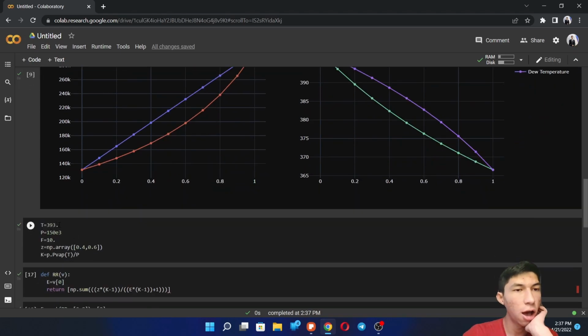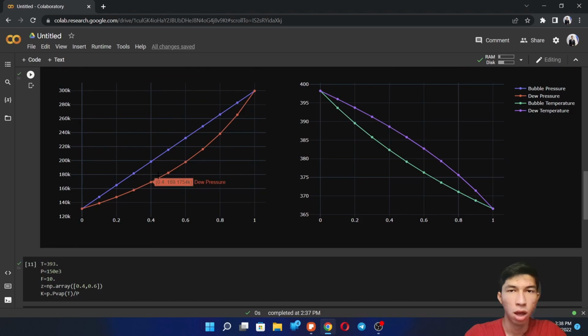We have a temperature of 393 Kelvin, and this x-axis represents the mole fraction of the more volatile compound, which is 0.4. When we go to 0.4 here and up to the temperature of 393 Kelvin, we can see that it is above the curve, which means it is not in vapor-liquid equilibrium.